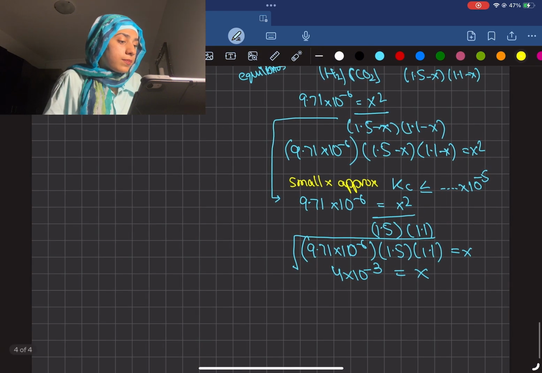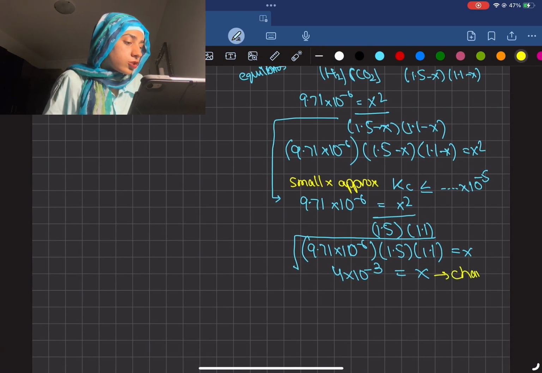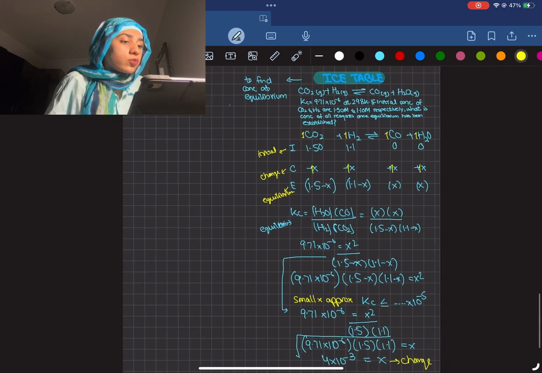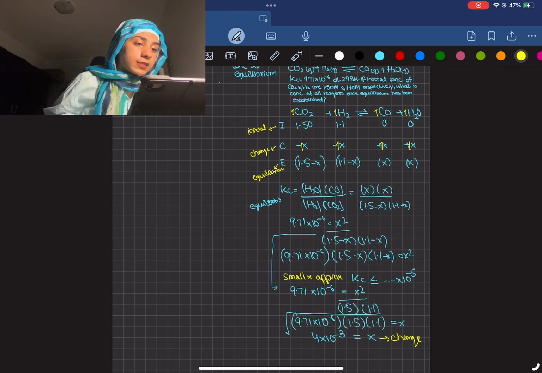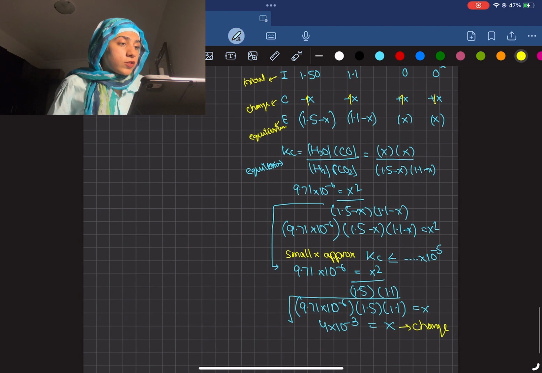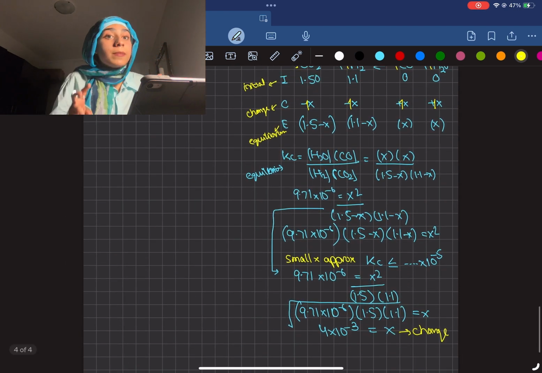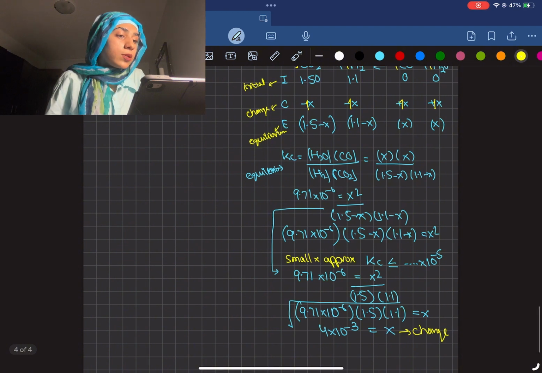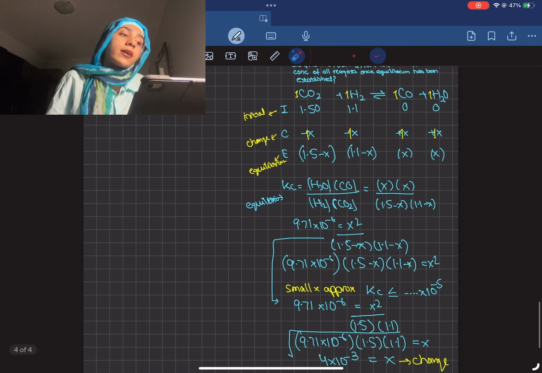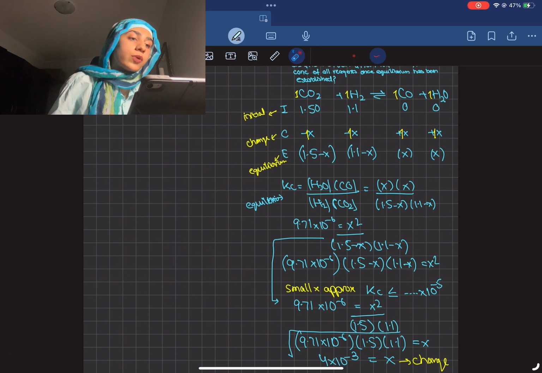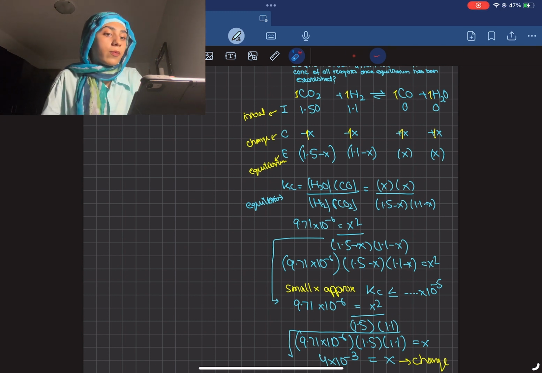But what was my question asking? My question is, what is the concentration of all the reagents once equilibrium has been established? So once equilibrium has been established, I need to look at all of these. How much carbon dioxide I have, how much H2 do I have, how much carbon monoxide I have, or water I have.